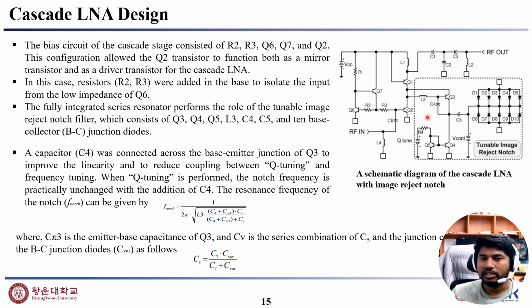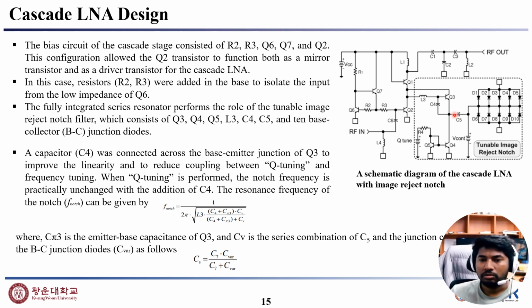In this case resistors R2 and R3 are added in the base to isolate the input from Q6, and the fully integrated series resonator performs the role of the tunable image reject notch filter, which consists of Q3, Q4, Q5, L3, C4 and C5, and then a base collector junction diode like this. A capacitor C4 was connected across the base emitter junction of Q3 to improve the linearity and to reduce the coupling between Q tuning and frequency tuning.